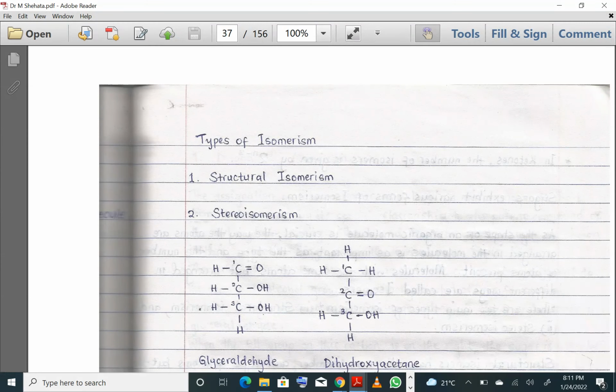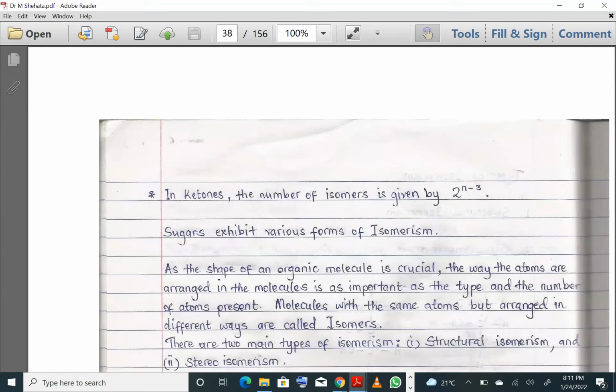So you can see that on the dihydroxyacetone, the hydrogen on the top carbon on the right should have an oxygen there. It was an error in the person writing the notes.